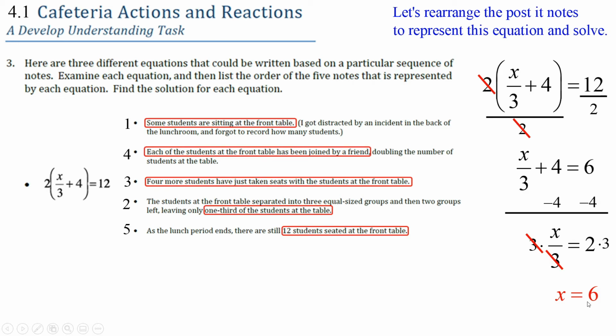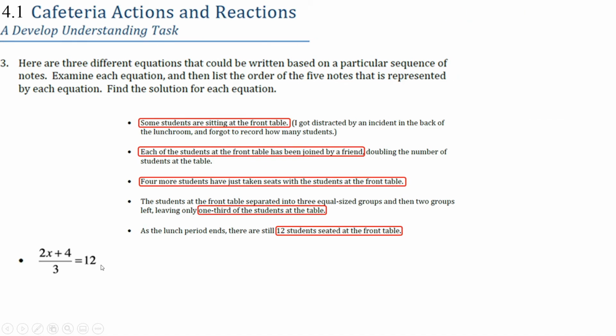Okay, one more equation. 2 times x plus 4, divided by 3, equals 12. That looks familiar. Okay, but let's put things in order, and remember, the first bullet is 1 and the fifth bullet has to be 5.